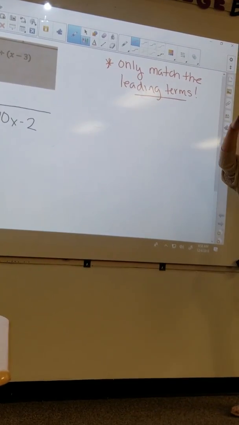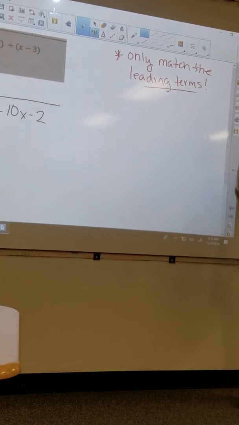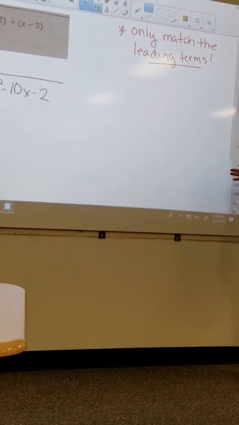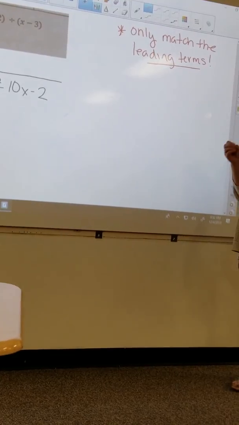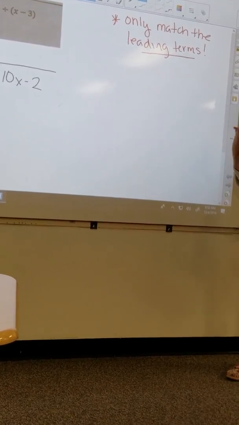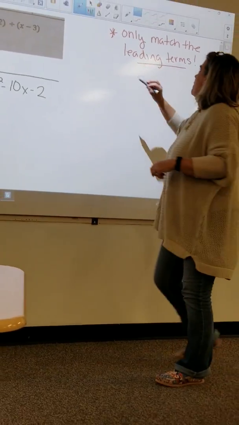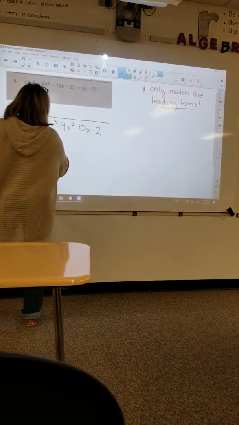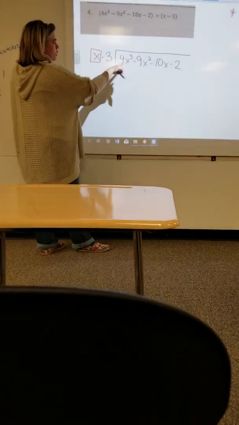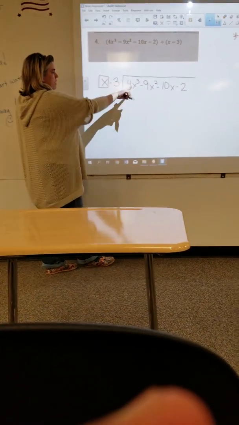So as we move down and start pulling the numbers down, only match the leading terms. Don't worry about anything else, only the leading terms. You need each one to go to 0, the very first thing. After that, it'll take care of itself. So the leading term on this one is x. So the first thing in each line is going to match with this x.